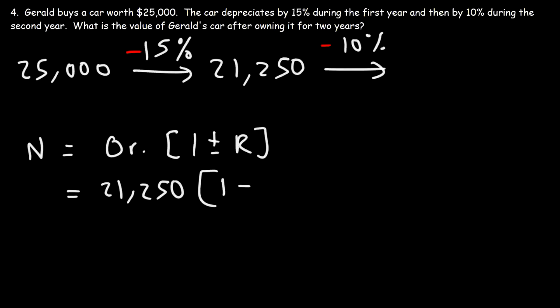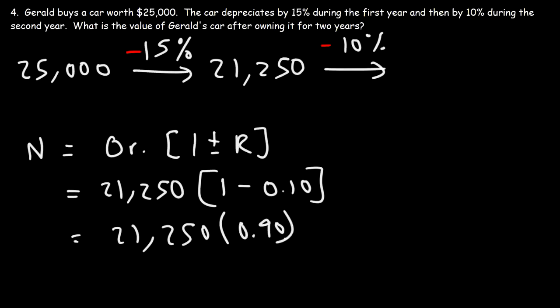So we're going to do 1 minus 0.10. 0.10 is 10%, or 10 divided by 100. So it's going to be 21,250 times 0.9. So as you can see, we need to calculate 90% of 21,250. And so this is going to be 19,125. So this is the current value of the car after 2 years.